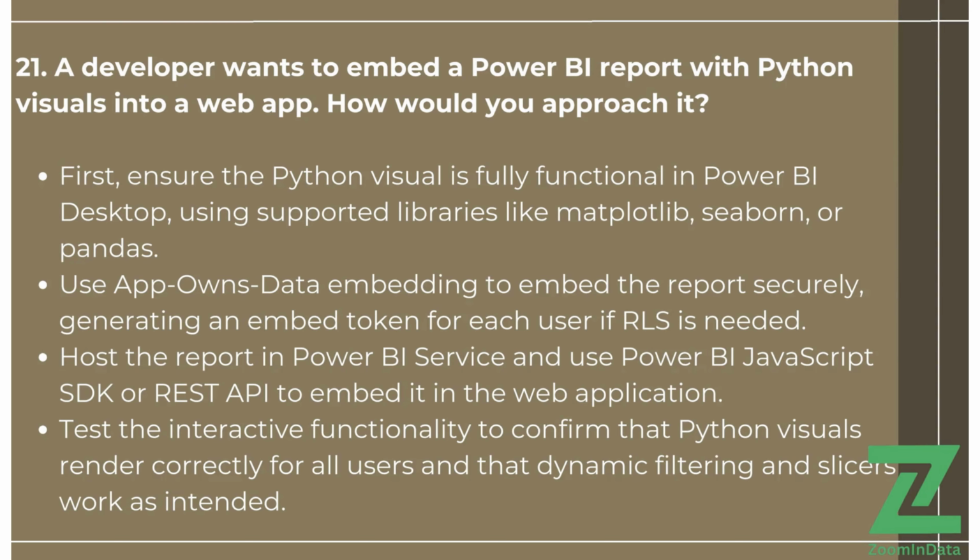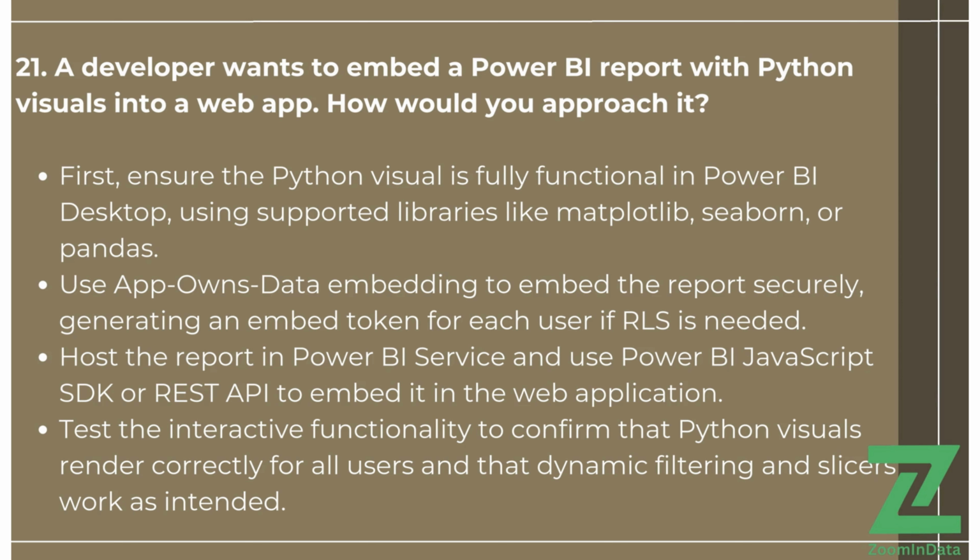21st question. A developer wants to embed a Power BI report with Python visuals into a web app. How would you approach it? First, ensure the Python visual is fully functional in Power BI Desktop, using supported libraries like Matplotlib, Seaborn, or Pandas.